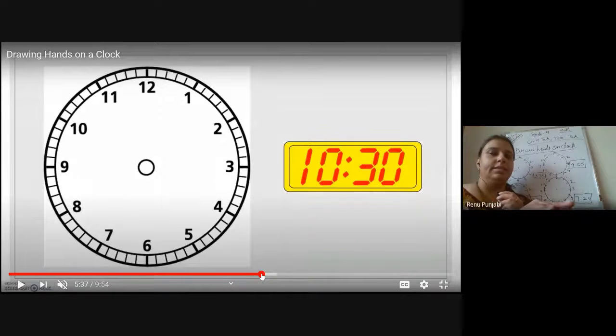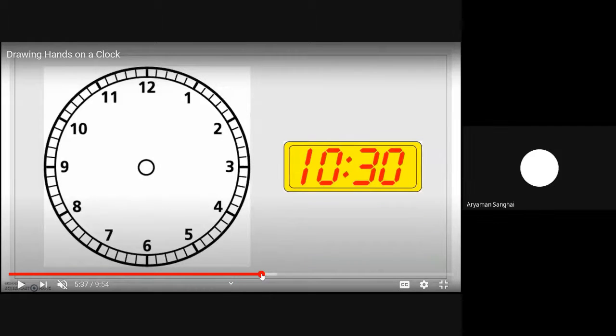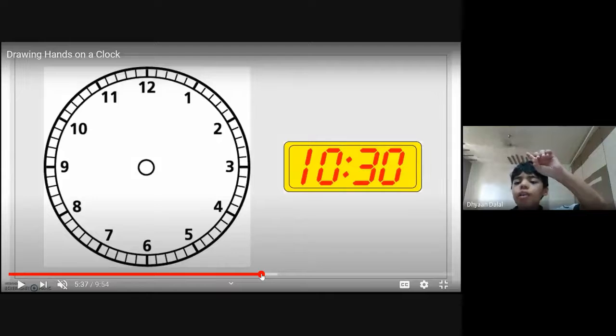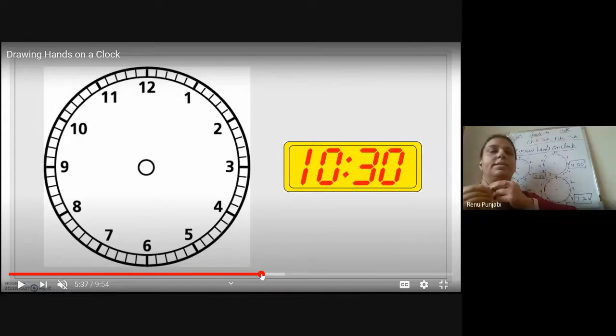Yes, tell me, Dhyan. Ma'am, the short hand will be between 10 and 11 and it will be more on 11, and the long hand will be on 6. Yes, the short hand will be between 10 and 11.